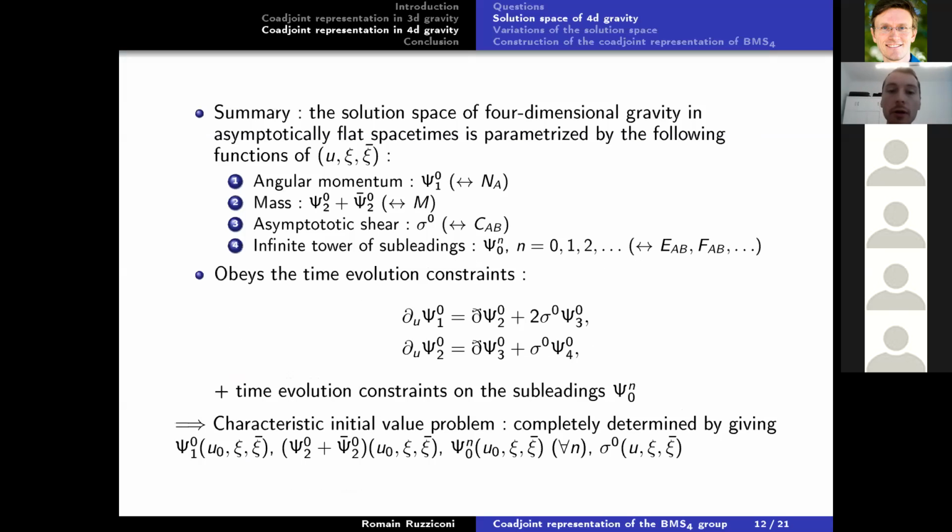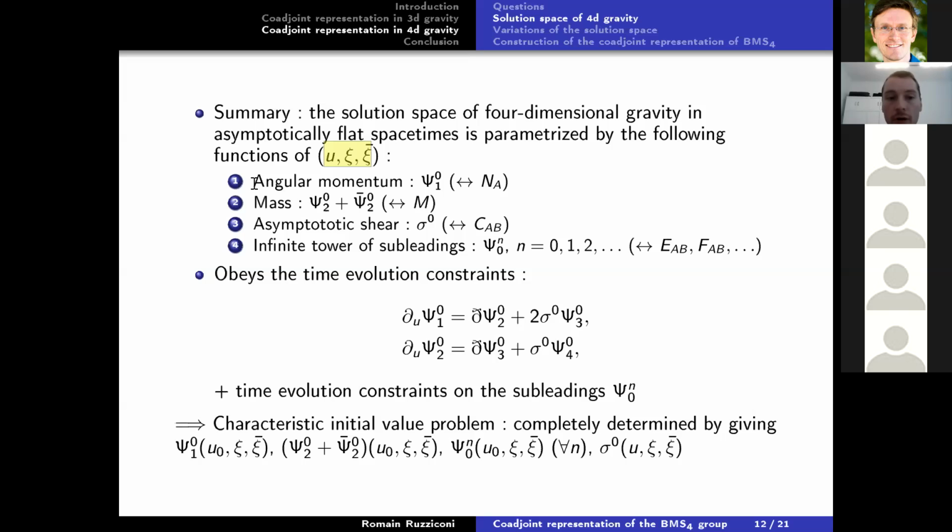Okay, so in summary, the solution space in four-dimensional gravity in asymptotically flat spacetime is parameterized by the following functions. These are functions of u, psi, and psi bar, which are the boundary coordinates. And here I translated these functions, in the brackets, in terms of the functions that appear in the metric formalism that maybe you are more familiar with.